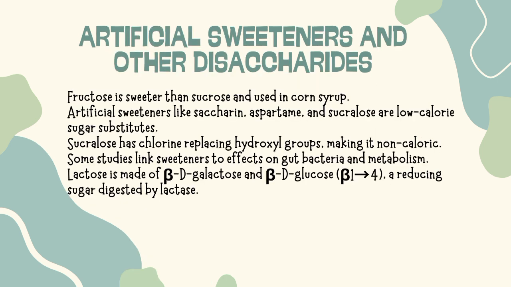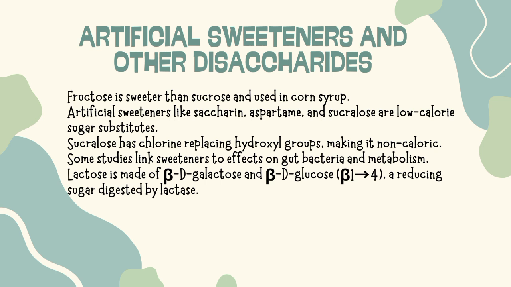Artificial sweeteners and other disaccharides. Fructose is sweeter than sucrose. It is found in table sugar and is often used in corn syrup to make foods taste sweeter. Artificial sweeteners like saccharin, aspartame, and sucralose are used as low-calorie sugar substitutes because they taste sweet but provide little or no energy.